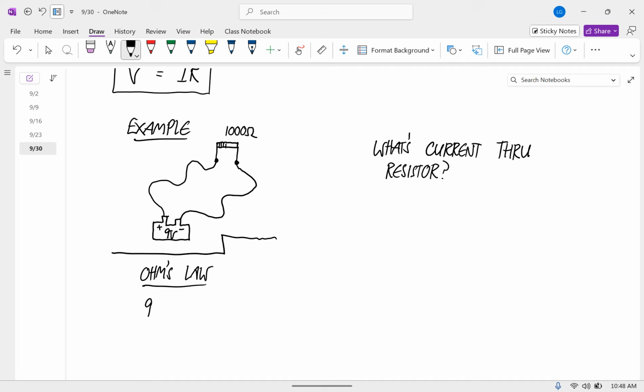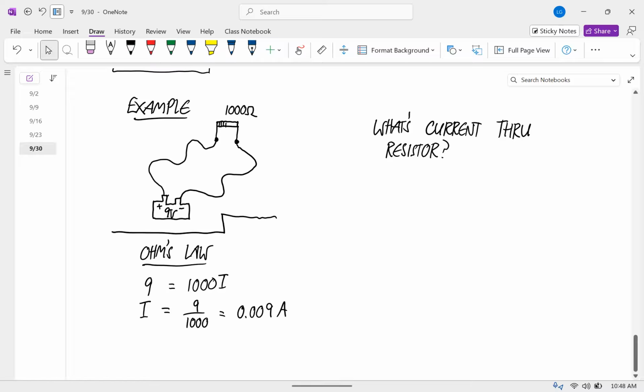It says 9 volts is equal to I times R, so 1,000 times I. And so I is equal to 9/1000ths, or 0.009 amps, or 9 milliamps.